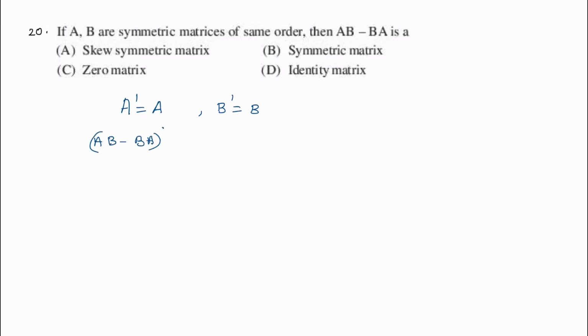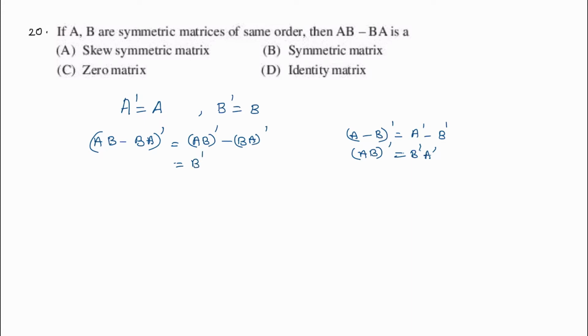We will calculate the dash of this. We know that A minus B the whole dash is A dash minus B dash. Using this property, we can write it as AB the whole dash minus BA the whole dash. And we know that AB the whole dash is B dash A dash, reversal law for transpose.